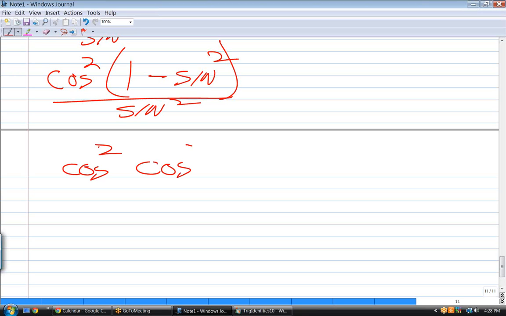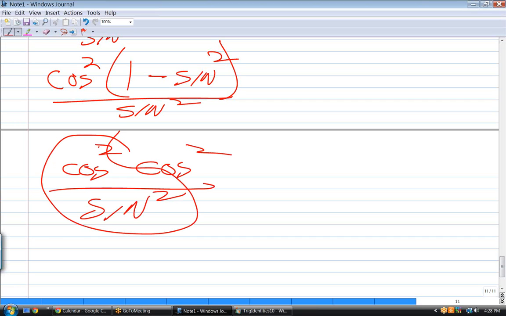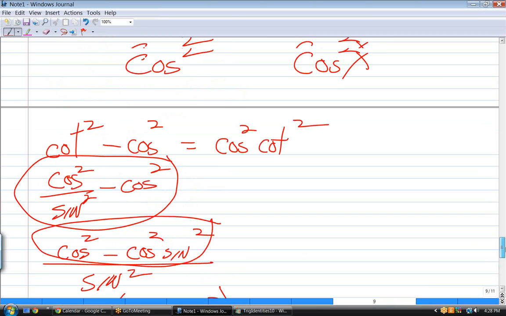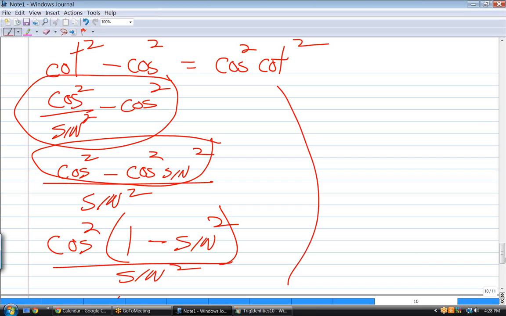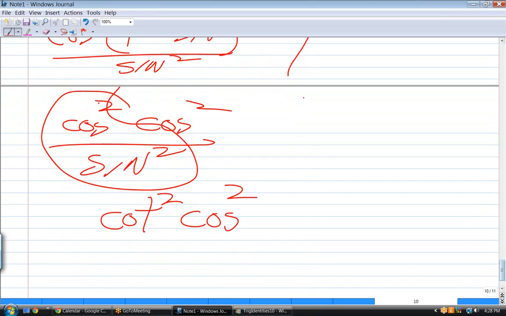So we have this over that. Cosine over sine is what? Cotangent. Cotangent squared times cosine squared. That was the original right side. Cotangent squared, cosine squared. This was a little harder. This one had like 6 steps to it, or 5 steps.